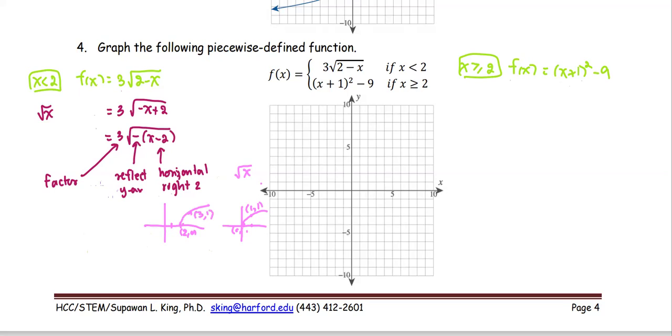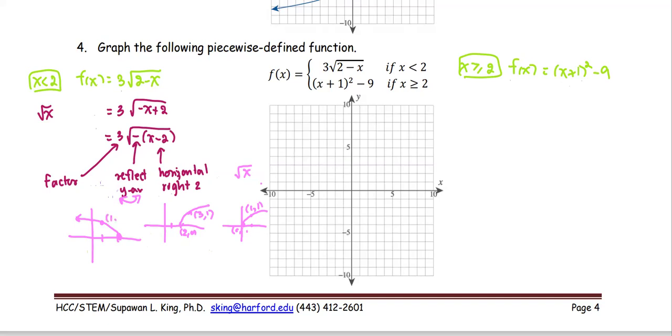After that, we reflect about the y-axis, so it flips from the left to the right. The point (2, 0) remains the same, and the (3, 1) flips over to become (1, 1). After that, we multiply the height of the function by 3.